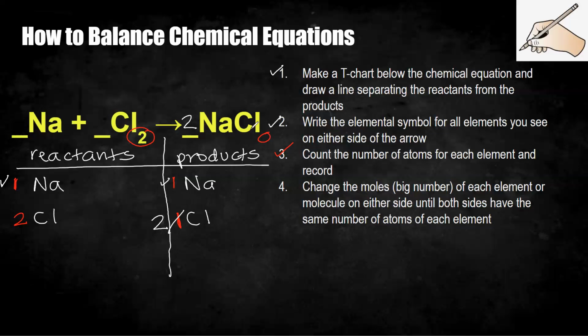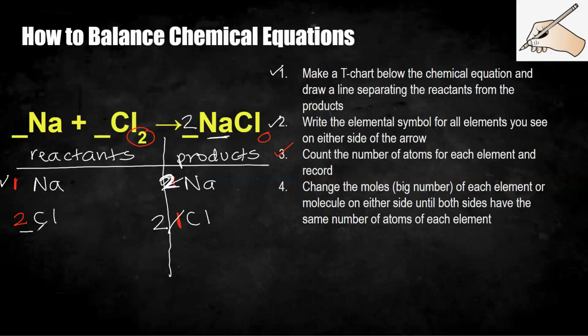But since I put a 2 in front of this sodium chloride, what this is actually doing is now this sodium becomes a 2. So I have to make another adjustment over here.